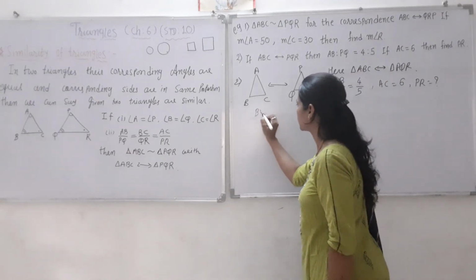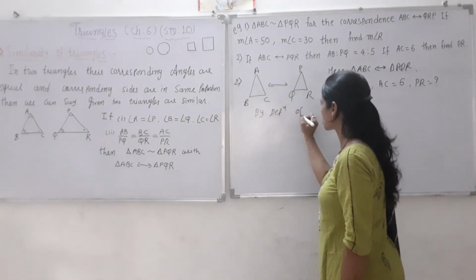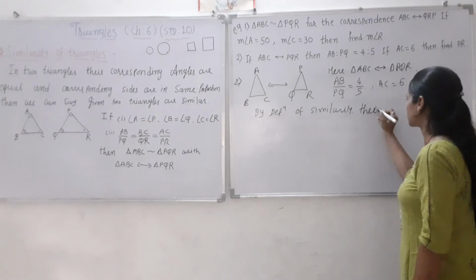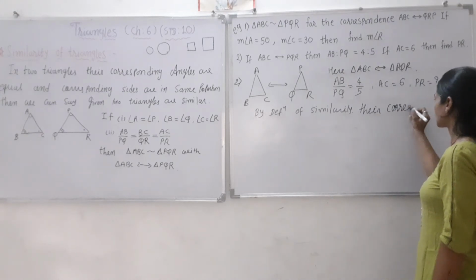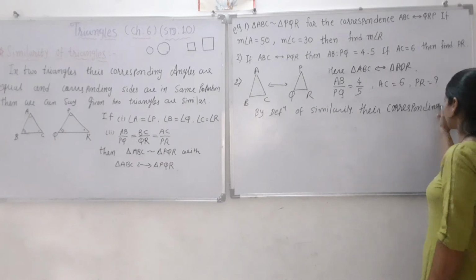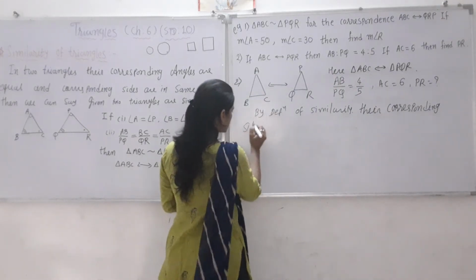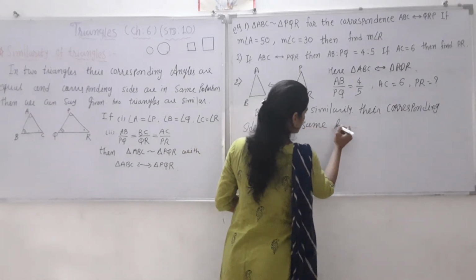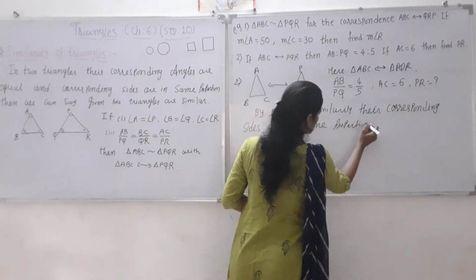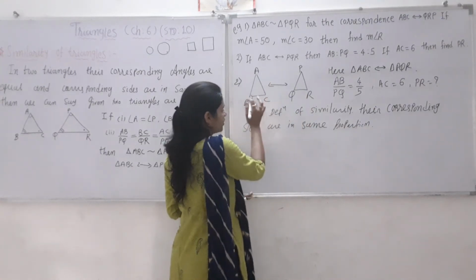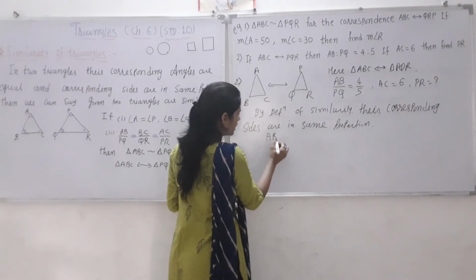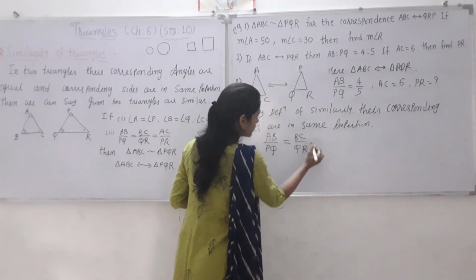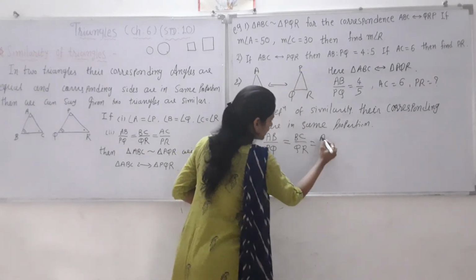By definition of similarity, their corresponding sides are in the same proportion. So you can write AB upon PQ is equal to BC upon QR is equal to AC upon PR.